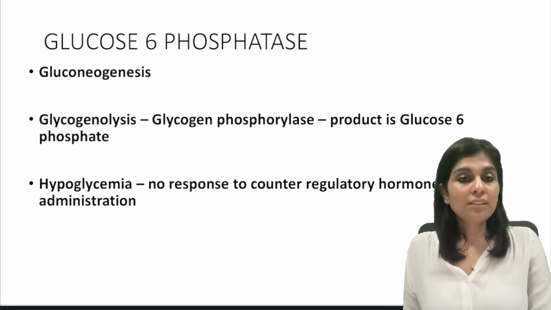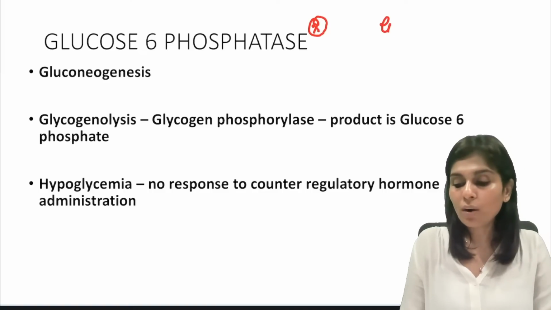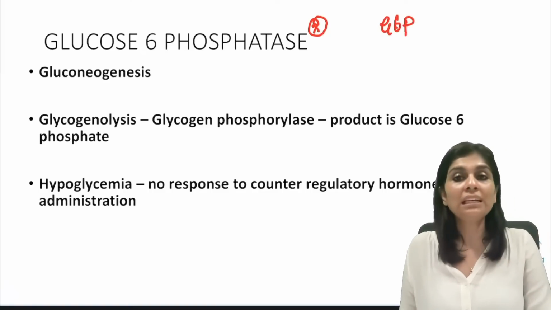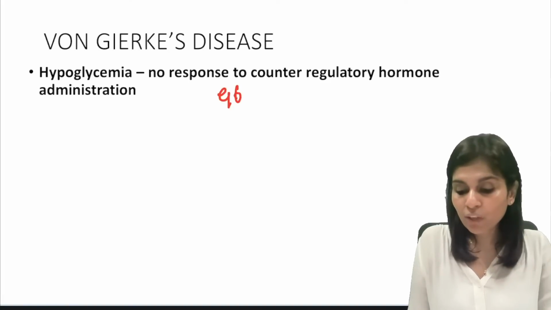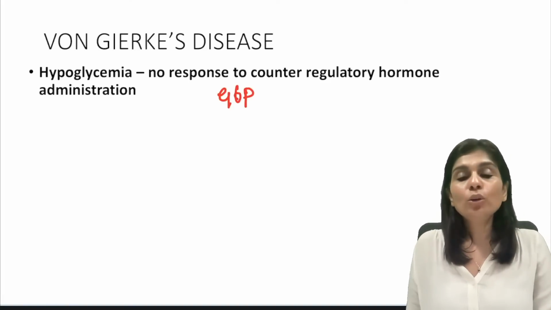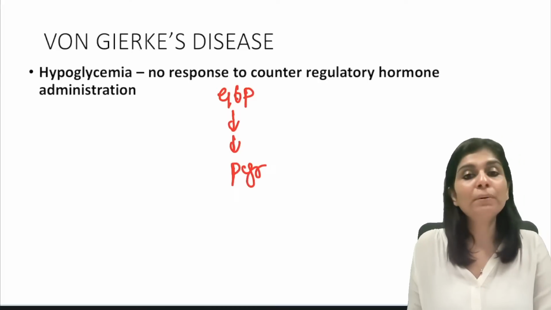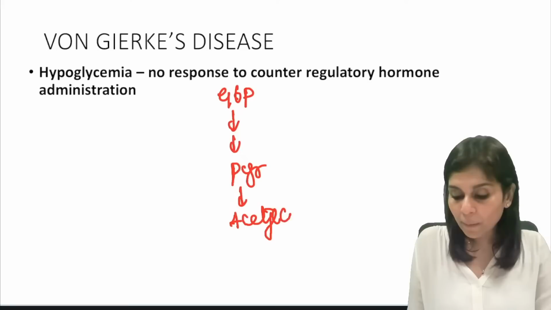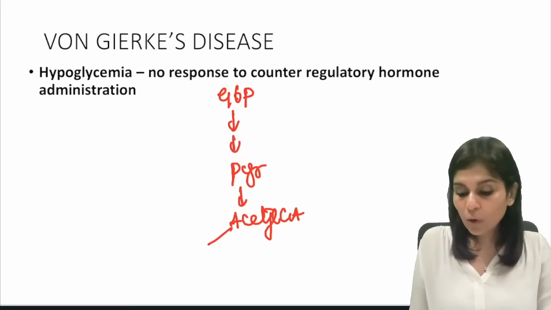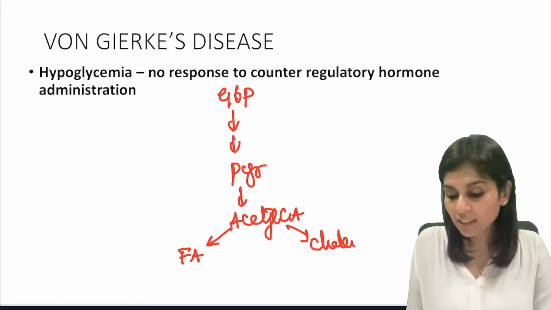Now, apart from this, when glucose 6-phosphatase is defective, what accumulates? Glucose 6-phosphate accumulates. I am going to write down everything. It enters into glycolysis and forms pyruvate. This pyruvate becomes acetyl-CoA, which is used for fatty acid synthesis and cholesterol synthesis.